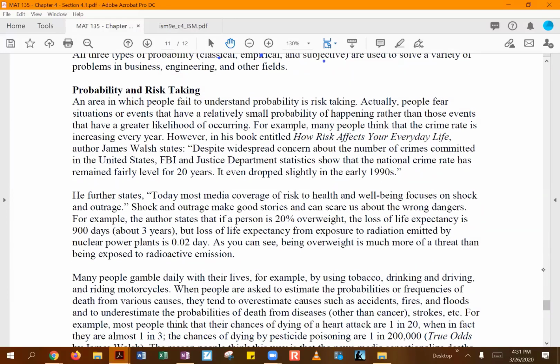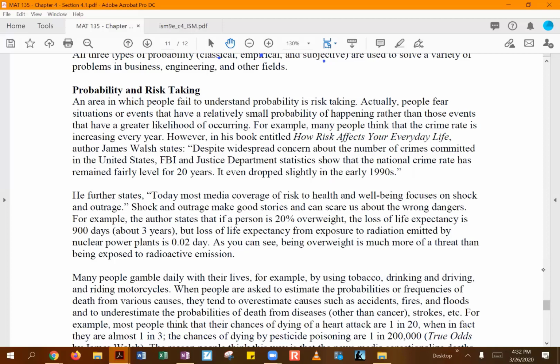So, like we're talking about, an area in which people fail to understand probability is risk-taking. People fear situations and events that have a relatively small probability of happening more than those events that have a greater likelihood of happening. So we're talking about, many people think that the crime rate is increasing every year.